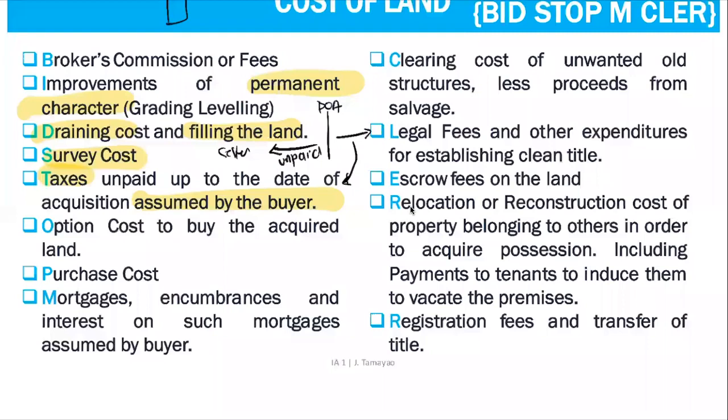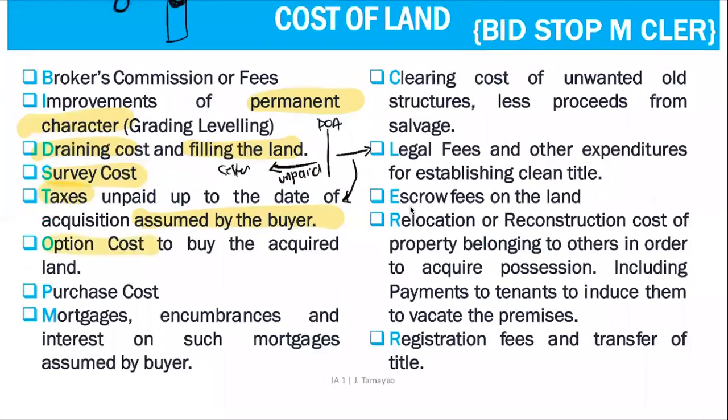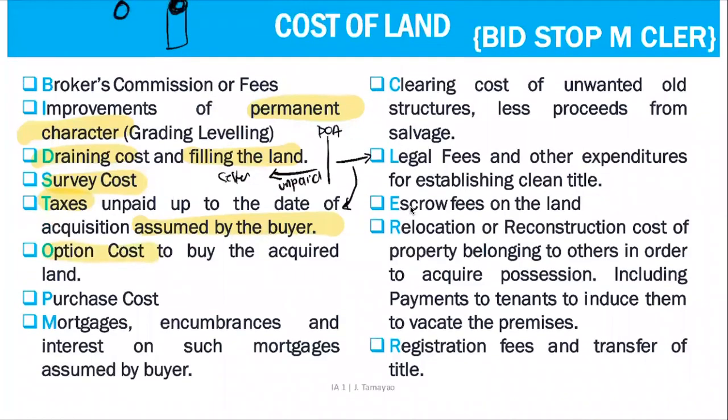Next, you have your option cost to buy the acquired land. For your option cost, not all option costs should be included as part of your cost of the land. You will only include option costs in case the option contract is exercised. Okay, so you have here an option to buy a land.